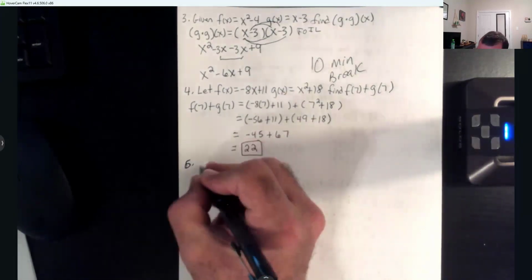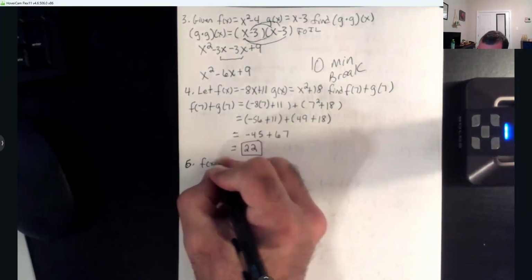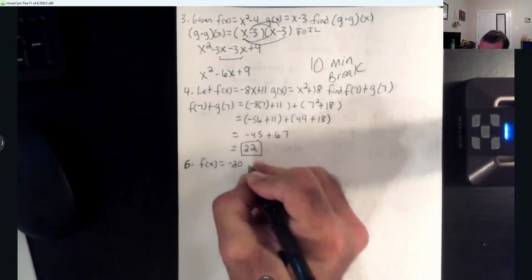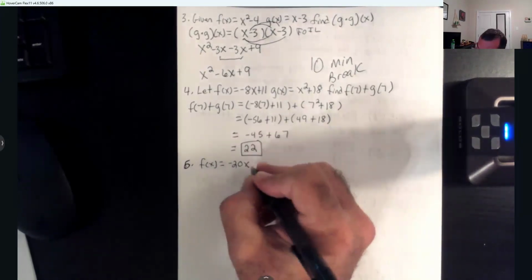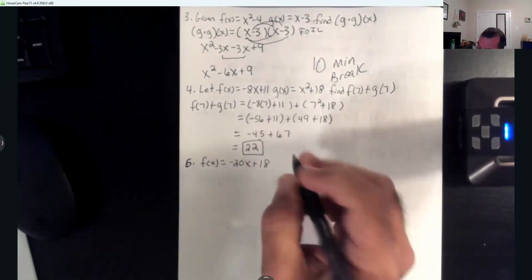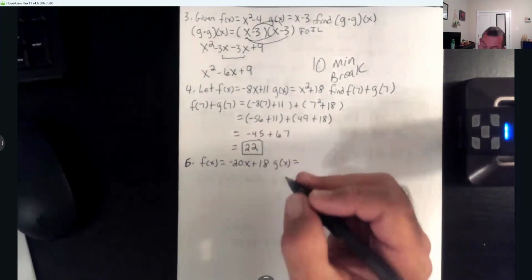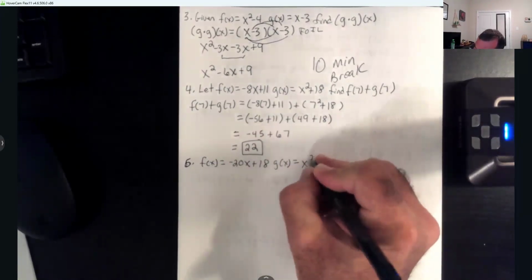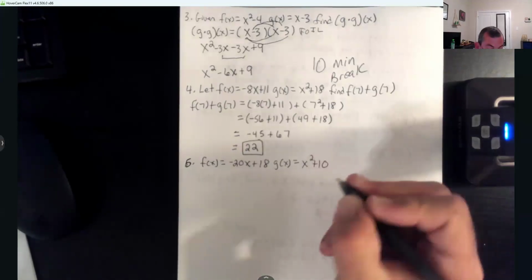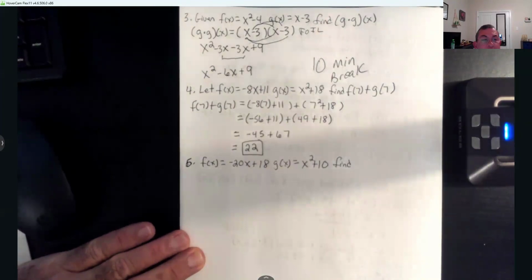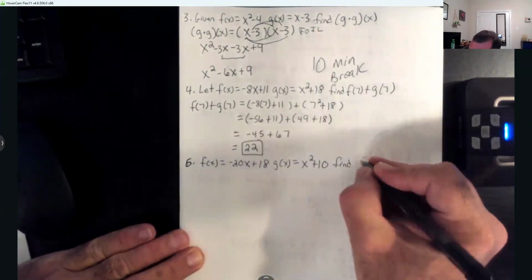So y'all, for 6, I'm giving f of x equals negative 20x plus 18. G of x equals x squared plus 10. I'm going to find f of 2 times g of 2.